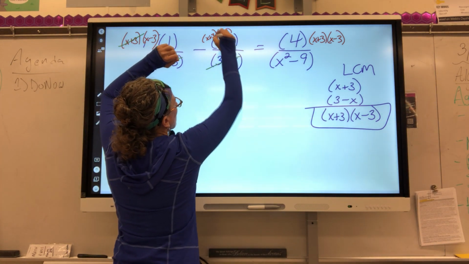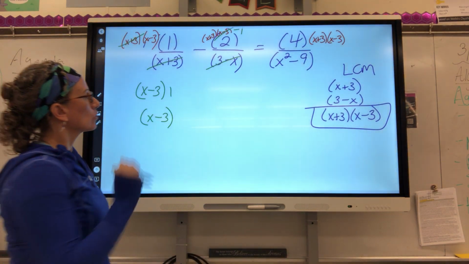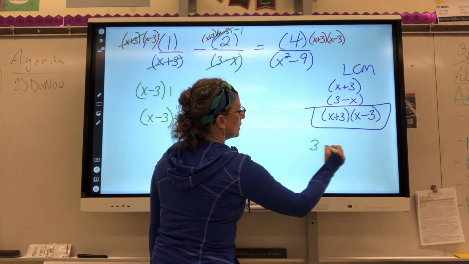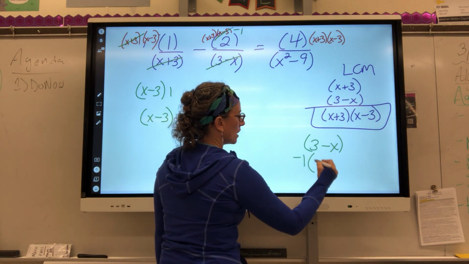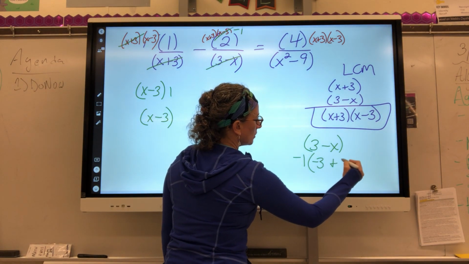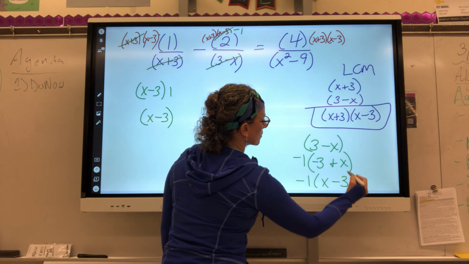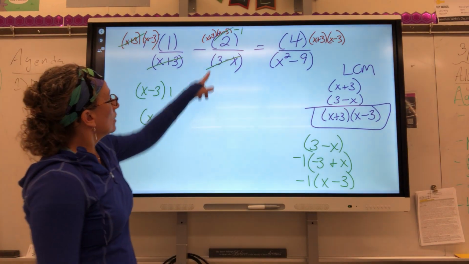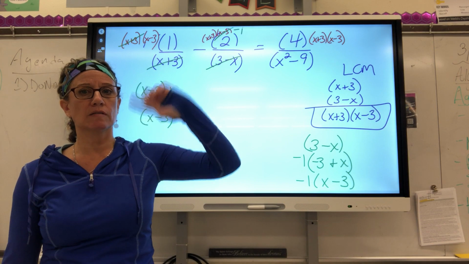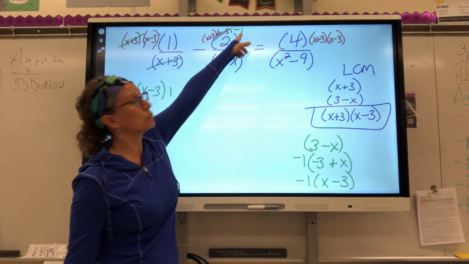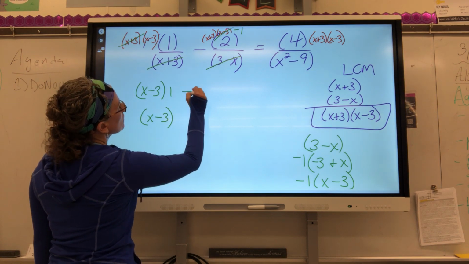If you cross it out, you write a negative 1 on the outside, recalling 3 minus x with a negative 1 distributed out becomes negative 3 plus x, which then becomes x minus 3. So this and this can cancel. I could do the x minus 3 with the 3 minus x as long as I put in a negative 1 in its place. So I have a minus.